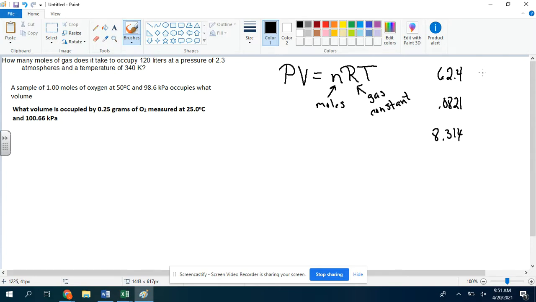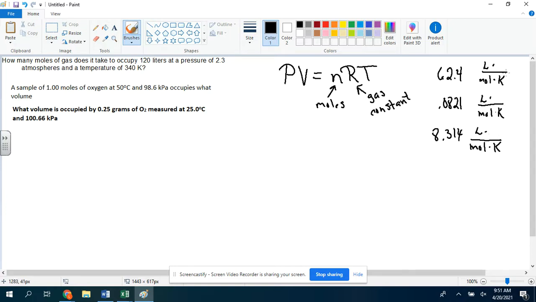They all have the same units, and this is what it is: liters, and then down here, it's moles times Kelvin. That's our temperature. The only difference between all three of these, and I'll go ahead and write it out for all three, is that their units are the same except for one thing that I'm going to show you. Remember, these are just units over here. It's just the units for each gas constant.